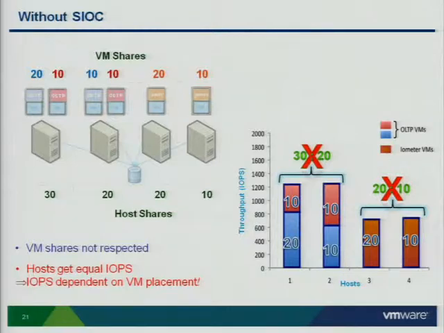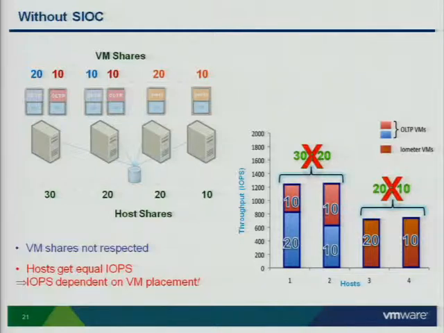But what is missing in this piece is that a host should be getting more if it is running more VMs, and a host should be getting less if it is running fewer VMs. So even if you don't enable the feature, you would still see this behavior, or you can say this is partial benefit, that VMs running on a single host would get some differentiation based on the share values.